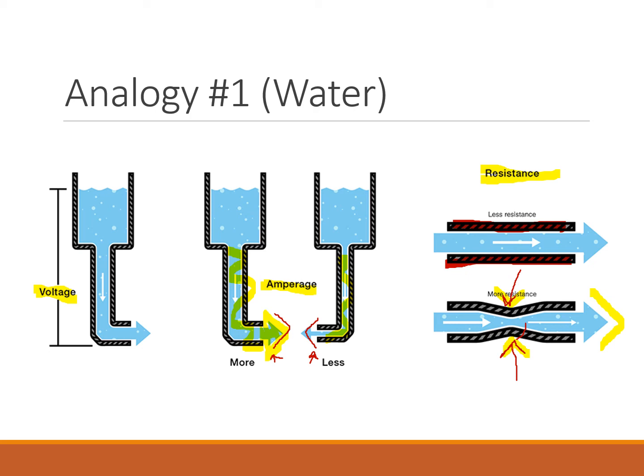And so that's what this little line is demonstrating. It's saying that this water is up high, which means it has the potential energy to come rushing out of this pipe. So that's a very simplified way of talking about potential difference or potential energy.